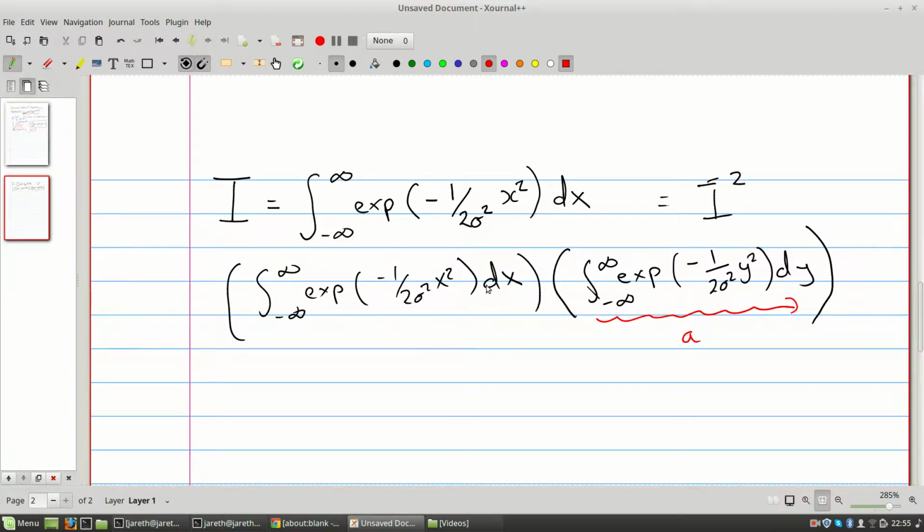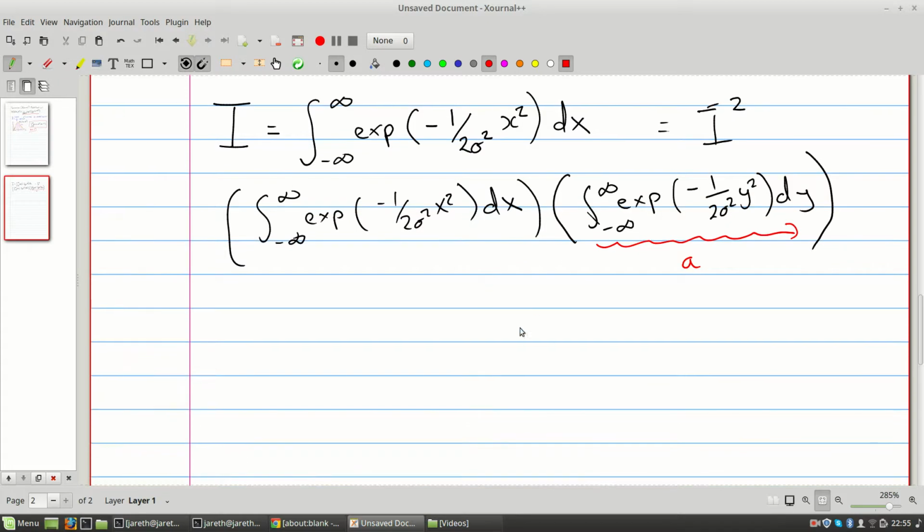Since it's going to evaluate to some value, we can rewrite this integral. Multiplying by this whole integral is the same as multiplying by a. So we can write it as a times the integral from minus infinity to infinity of the exponential of minus 1 over 2 sigma squared x squared dx.